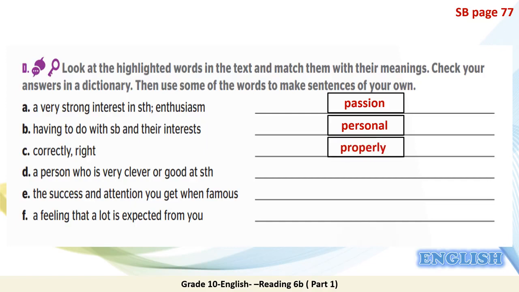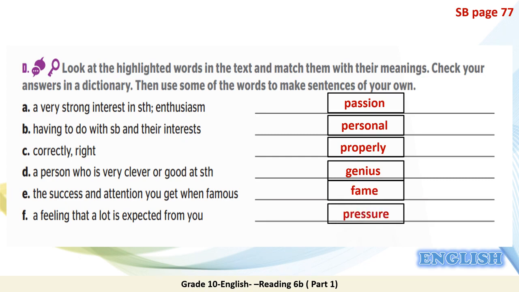D, a person who is very clever or good at something means? Yes, it's a genius. E, the success and attention you get when famous means? Well done, it is fame. And finally, a feeling that a lot is expected from you means? Pressure. Well done, everyone.